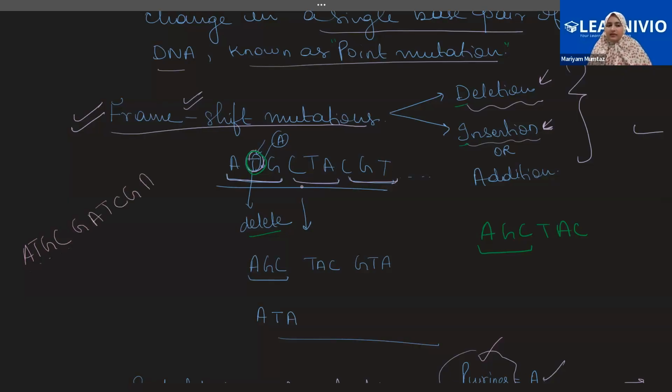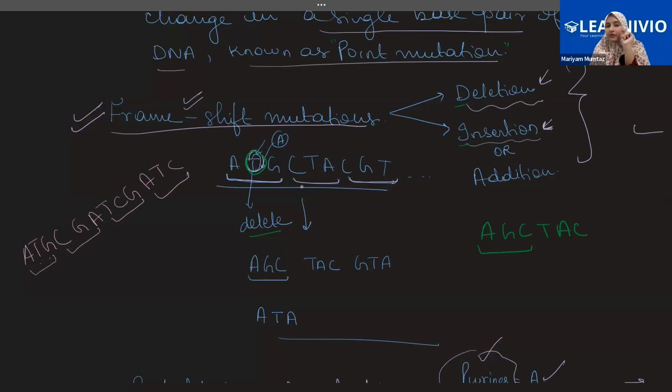Now, in our body, whenever any protein has to be expressed, the codon is read, and reading is done in the form of triplets, meaning 3 base pairs are read together. So this 3, this 3, this 3, and so on.